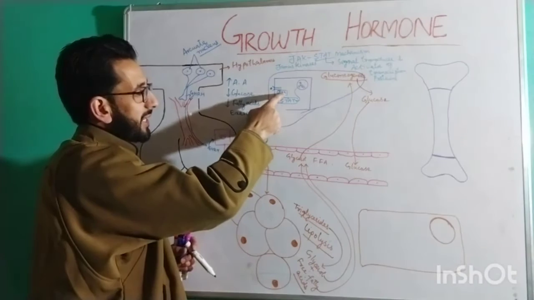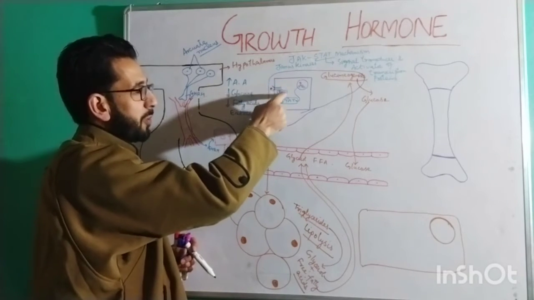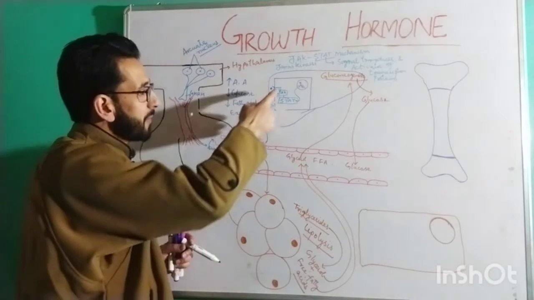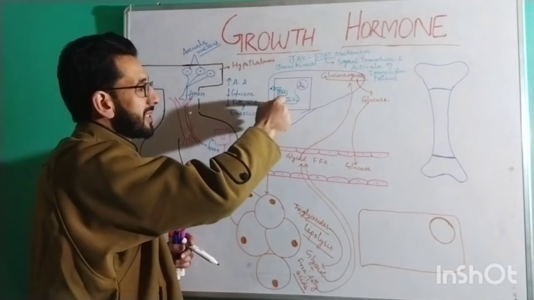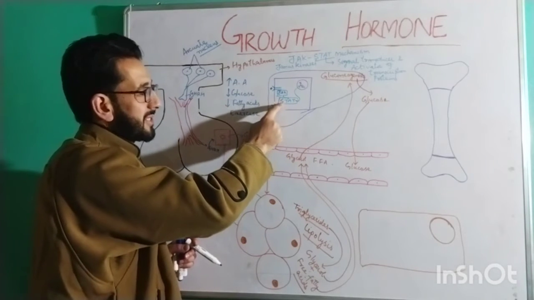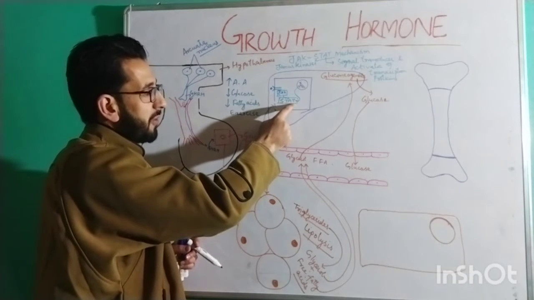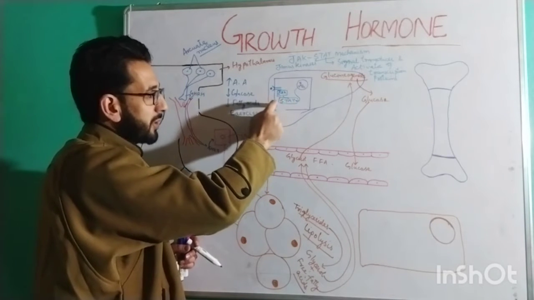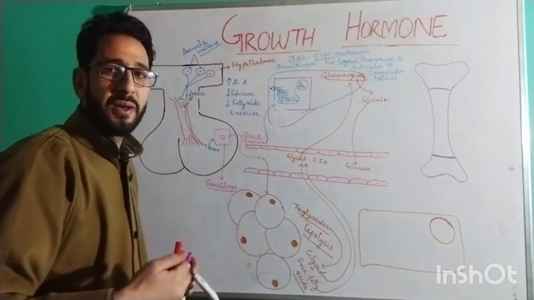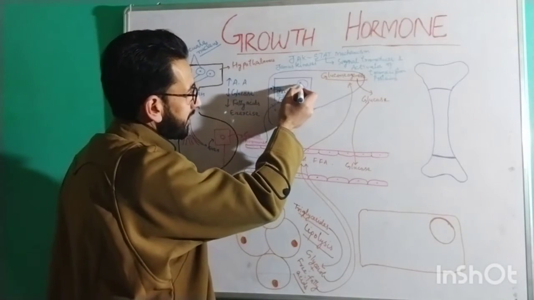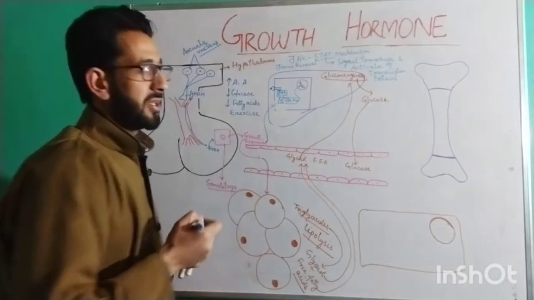This Janus kinase phosphorylates the internal domain of this receptor. Then it attracts this STAT, that is signal transducer and activator of transcription protein. Now this is also phosphorylated or kind of activated. Now this STAT, once activated, goes inside the nucleus and acts on the particular genes.